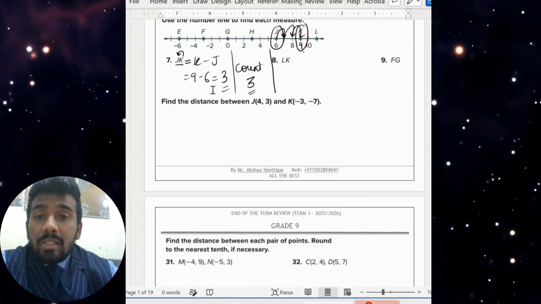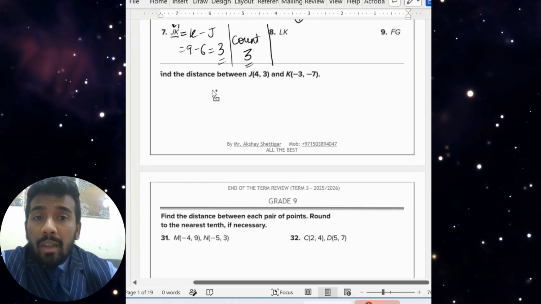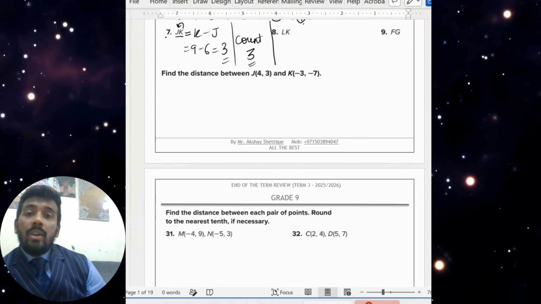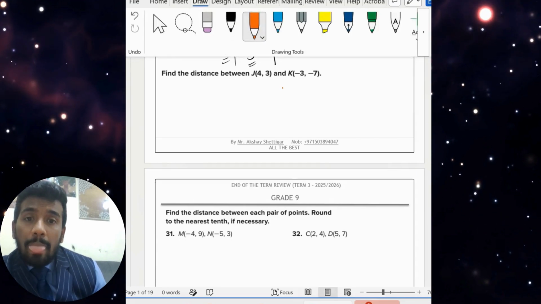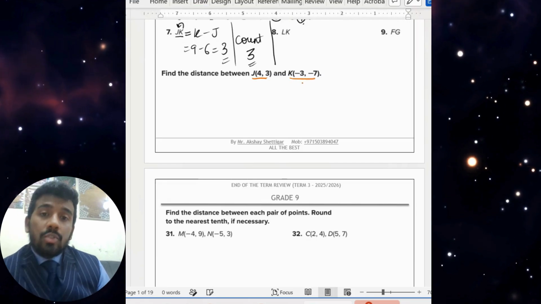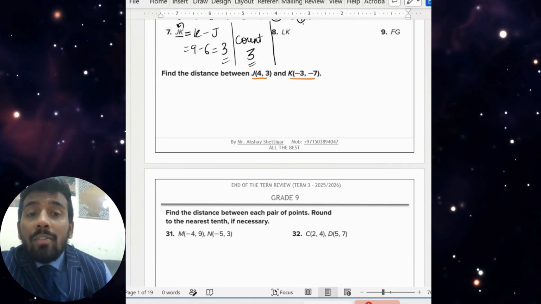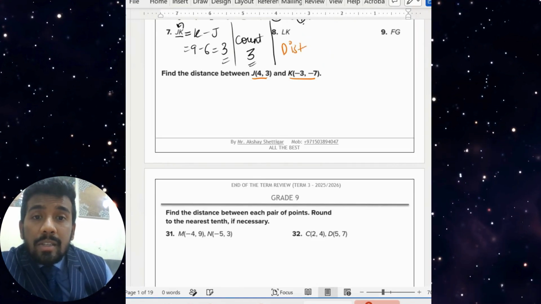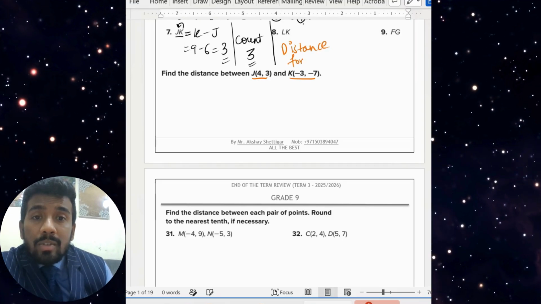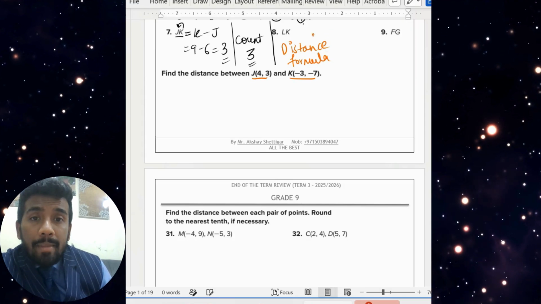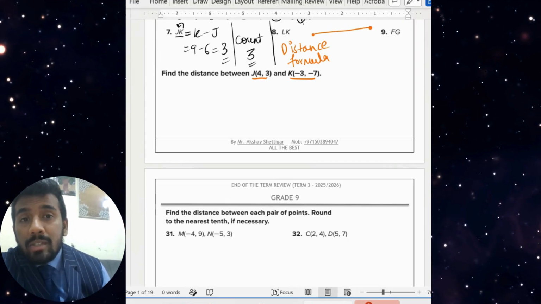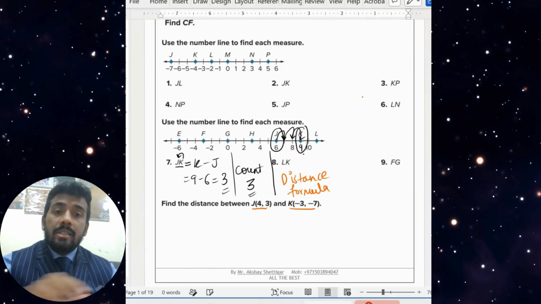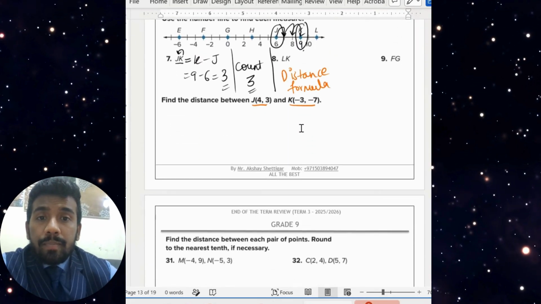So let's go to a new part, which is called find the distance between the 2 points. Here they have given you 2 points, J and K. To find the distance between 2 points, you have to remember the distance formula.